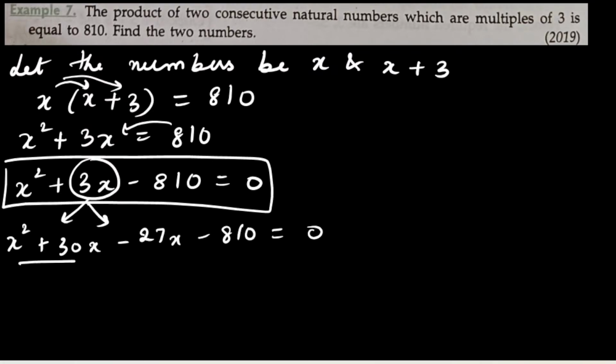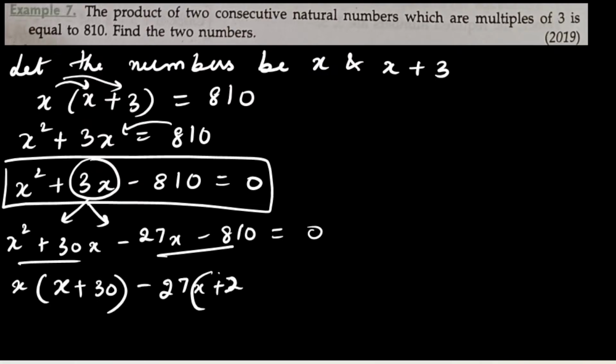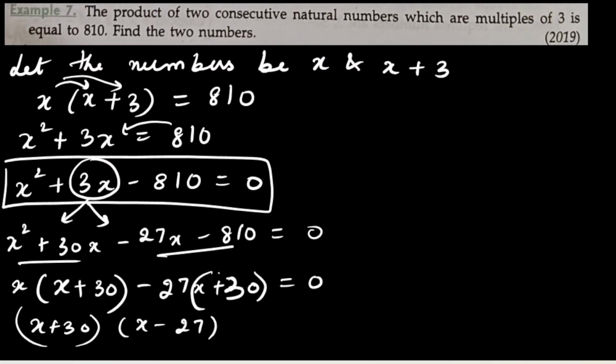This is one pair, this is one pair. Here I take x common, so x plus 30, and negative 27 common, so we get x plus 30 into x minus 27 equals 0. Whenever there is a minus outside the bracket, you have to change the sign while removing the bracket.